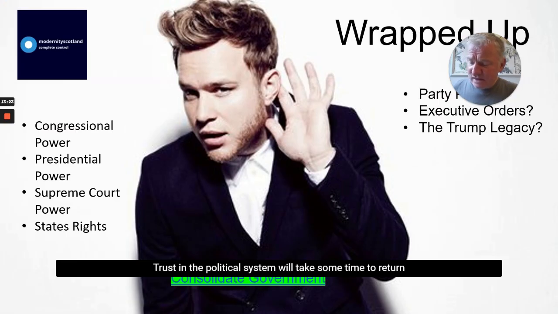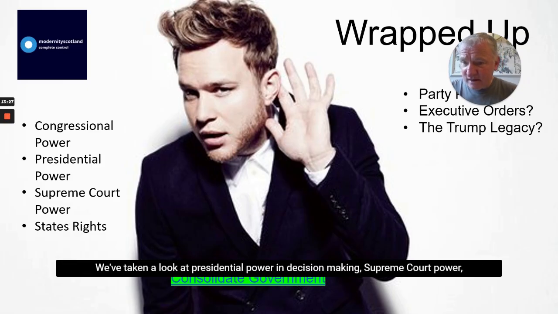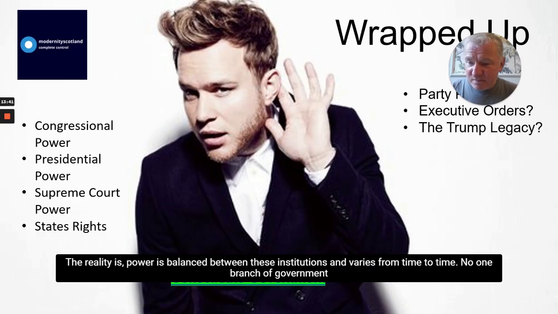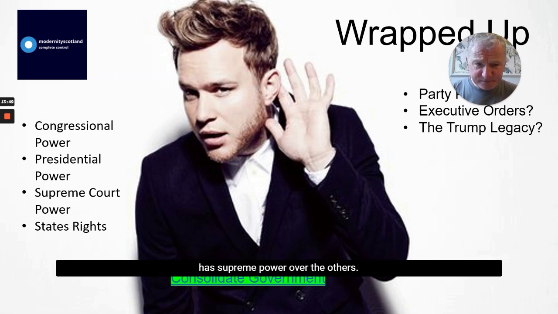Wrapping up these issues, we have taken a look at the powers Congress has in decision making. We've taken a look at presidential power, taken a look at Supreme Court power, and also individual states' rights to make decisions. I think the conclusion we can come to is that power is balanced between these institutions, and it varies from time to time, and no one branch of government has supreme power.